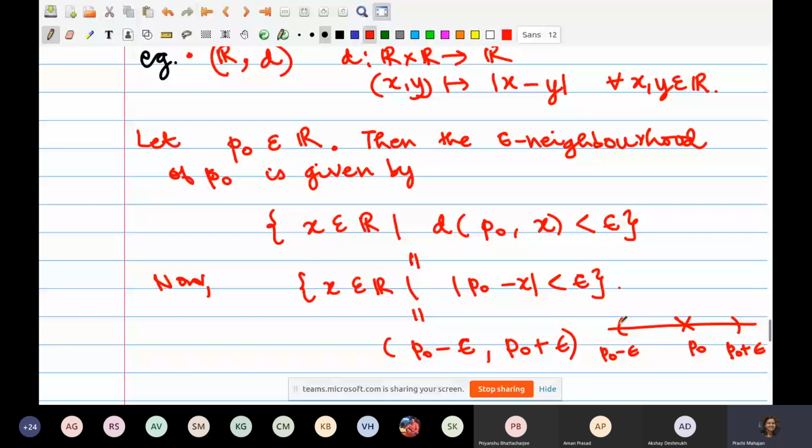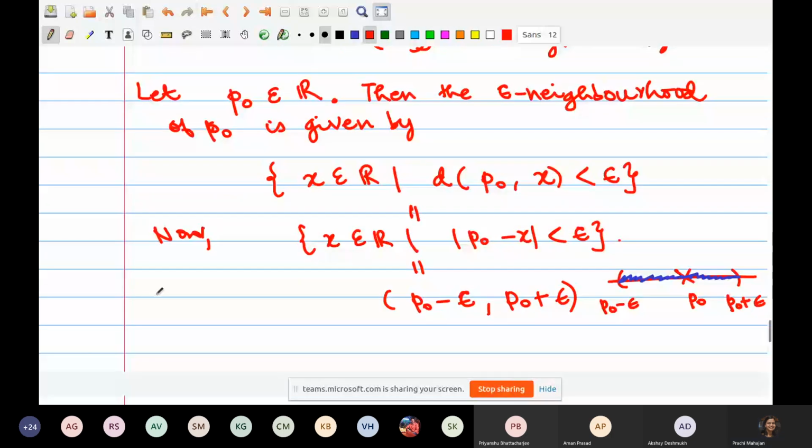So an epsilon neighborhood of a point P naught on the real line in the Euclidean metric is an interval around P naught like this. Is this okay with everybody?